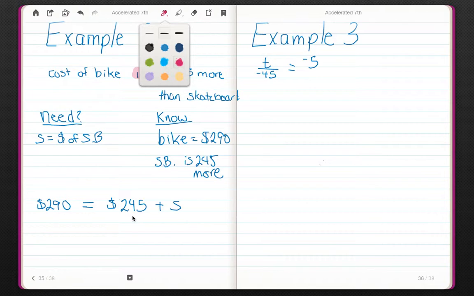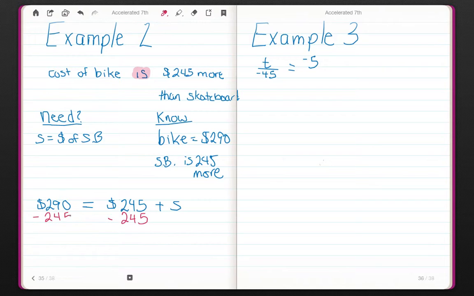Since I've added this 245, or it's a positive 245, I'm going to subtract 245 from both sides. In order to get S by itself, so S equals $45. So this tells me that the skateboard equals $45.